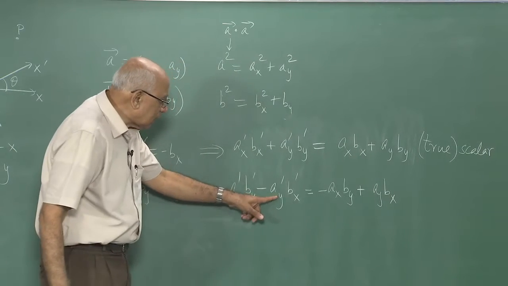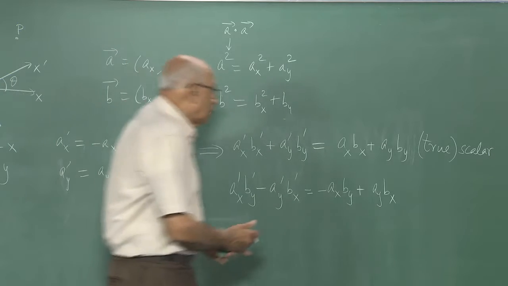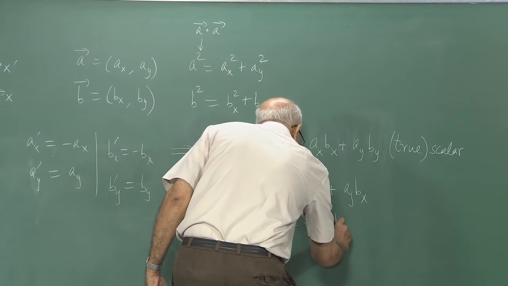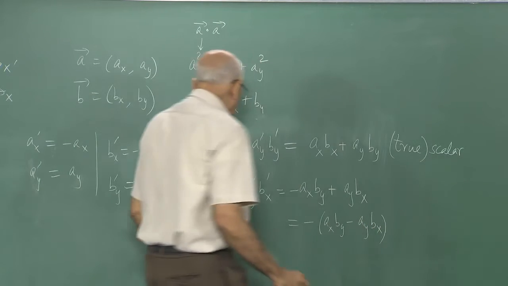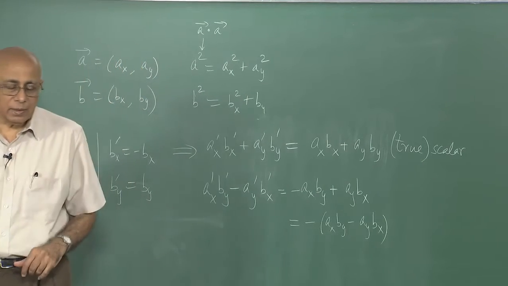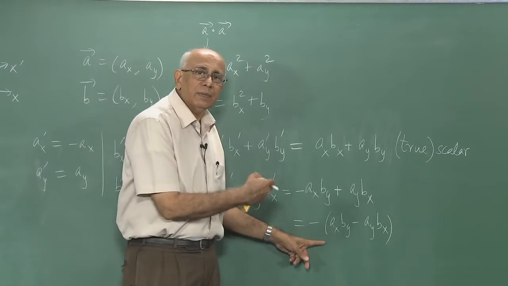Because this does not change sign, that changes sign and cancels the minus sign, giving you a plus there. But this is equal to minus ax by minus ay bx. So you see this combination, which was a scalar under rotations, has actually changed sign under reflection.